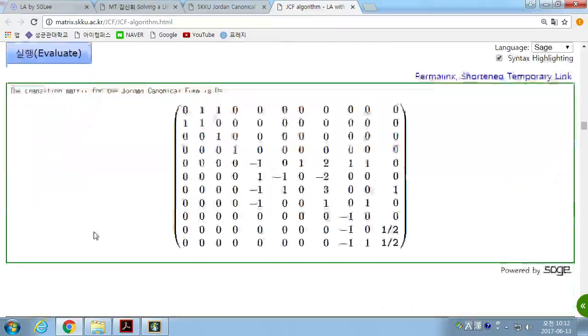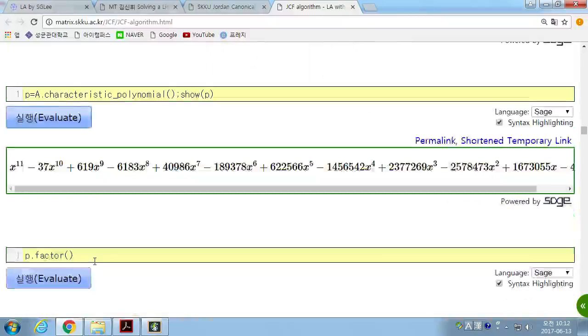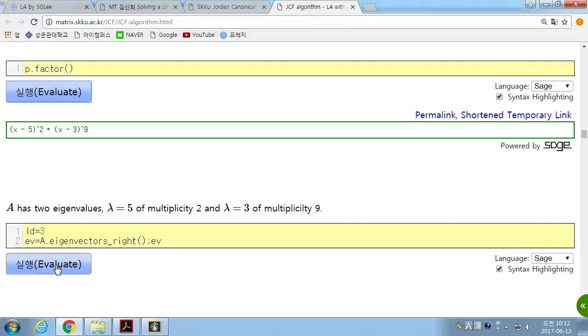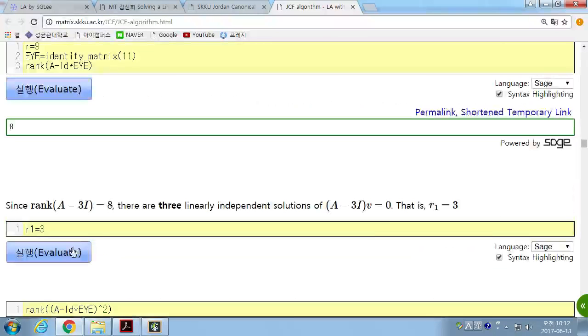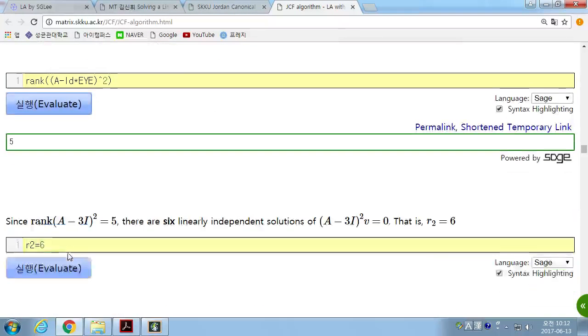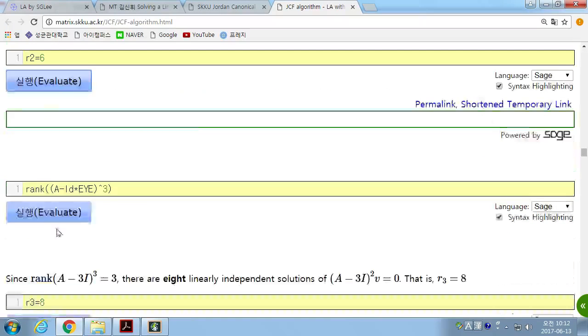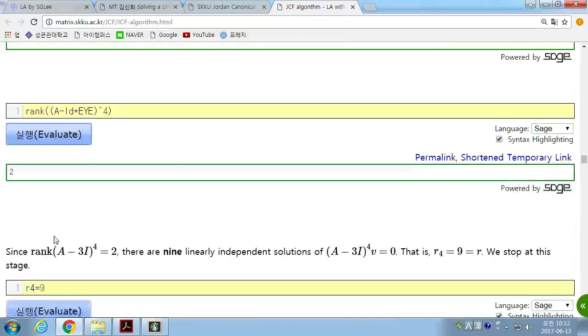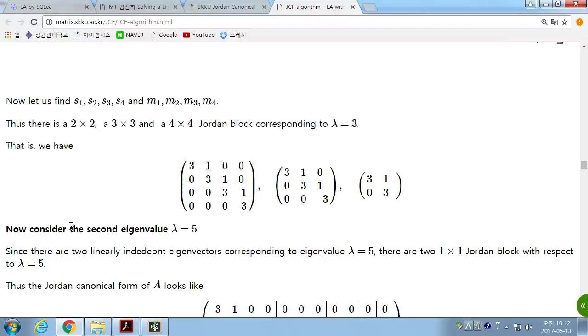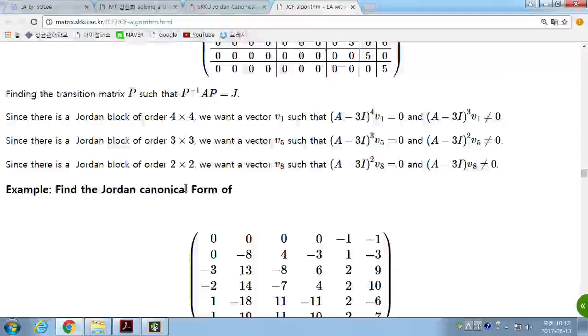This is not what I would ask you to do in the exams. This shows step by step the finding of the Jordan canonical form. You found R1, R2 and R4, and those give you the Jordan canonical form like this.